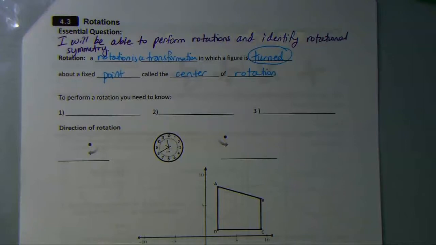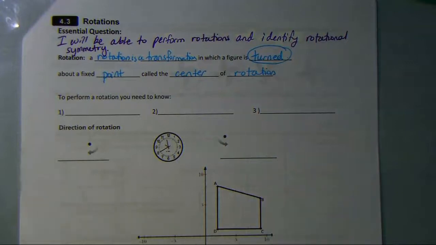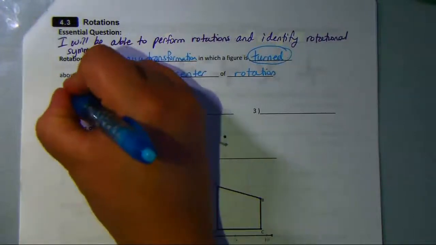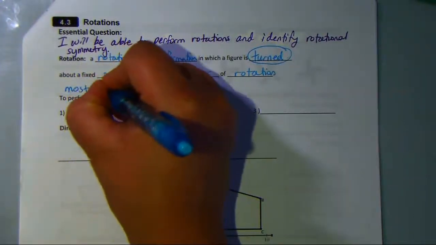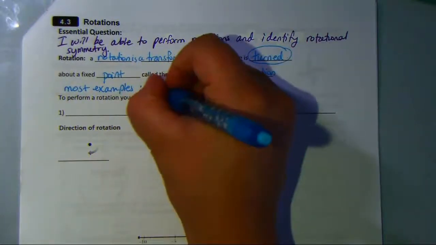For most of our examples, our center of rotation will be the origin of the graph.